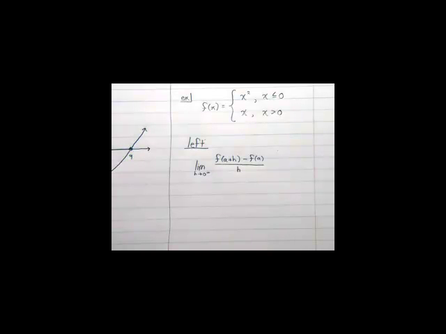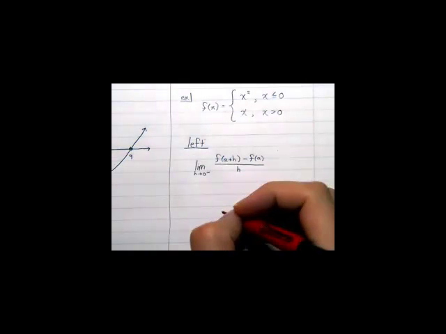Okay. Now this limit coming from the left-hand side simply indicates which piece I need to go with. So from the left, which piece am I using? First one or second one? First one, right? This is when x is less than or equal to 0. That's everything to the left of 0, right?